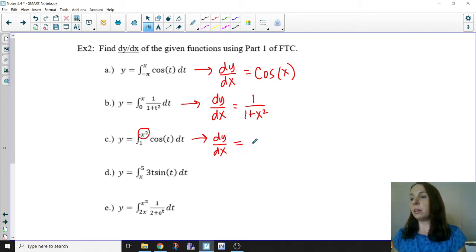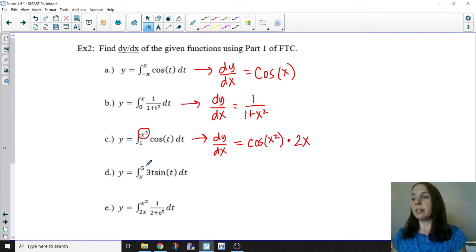So here we are going to have cosine of x squared, but then multiply that by 2x. The derivative of x squared is 2x. And that's your answer.